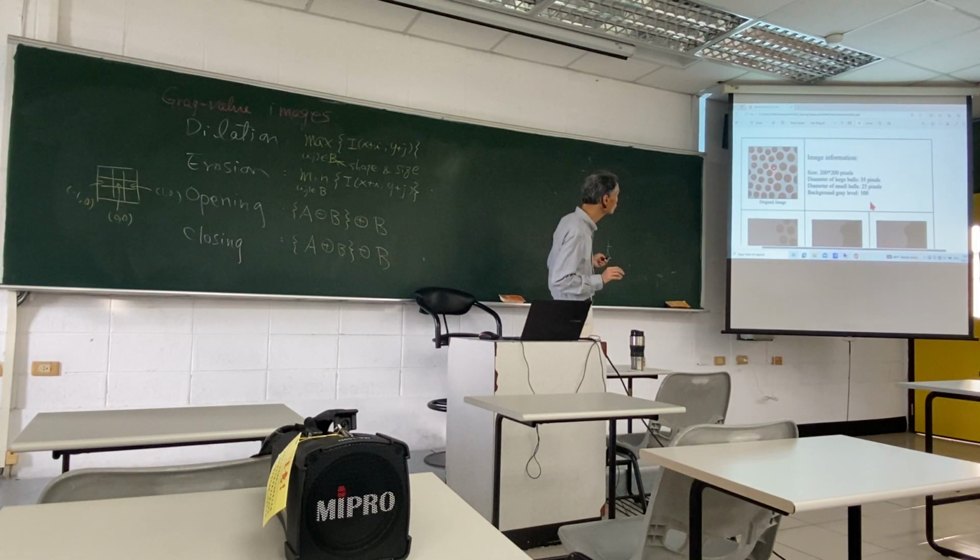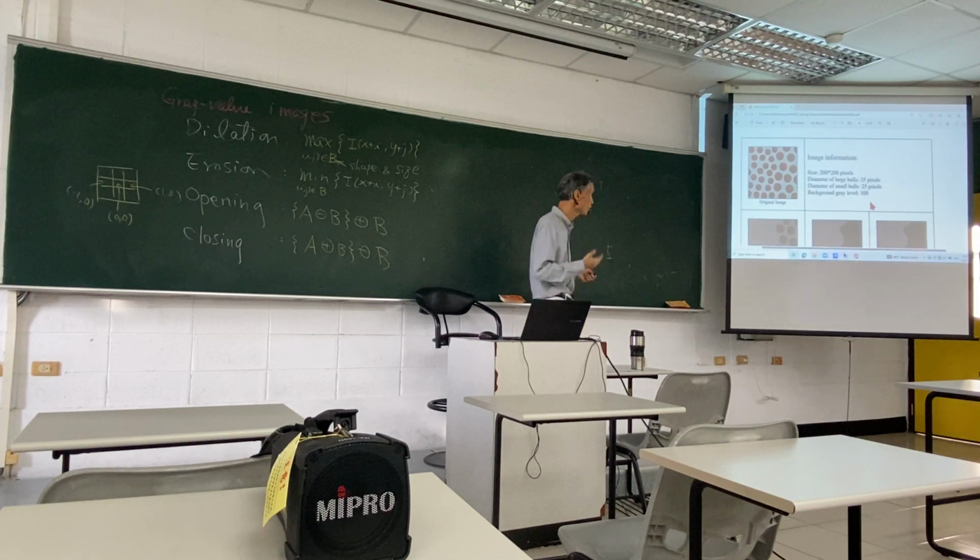But for the smaller ball or circle on the left, the diameter is 25. Now suppose the background gray level is 100, and the circular ball has a gray value very close to 0.